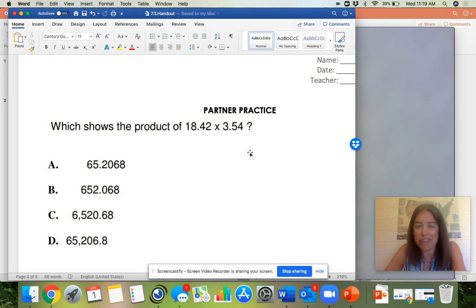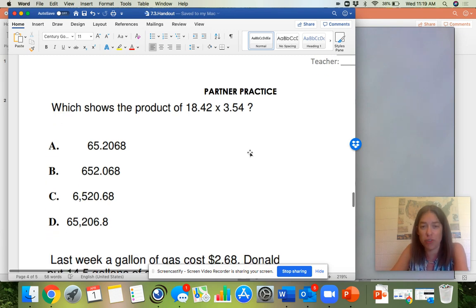Did anyone already figure this out just based on your estimate without having to actually solve it? Pretty cool. If you already did that and you already have your answer choice circled because you used a really great estimate, you can go ahead on to problem 2.